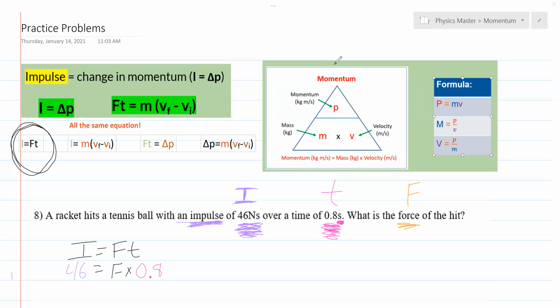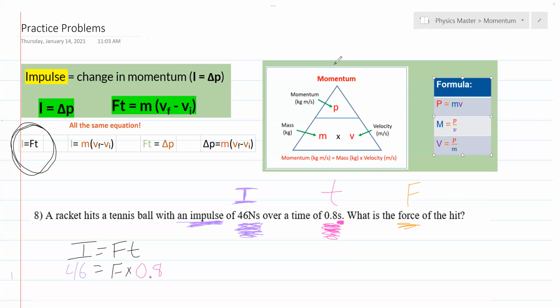If I move the 46 to the other side, there's nothing left on the left side. That's not going to give me anything. It's going to be F times 0.8 divided by 46. I can't put F in the calculator. We need F to be by itself. Because F is being multiplied by 0.8, Leo, what's the opposite of multiplying? Dividing.